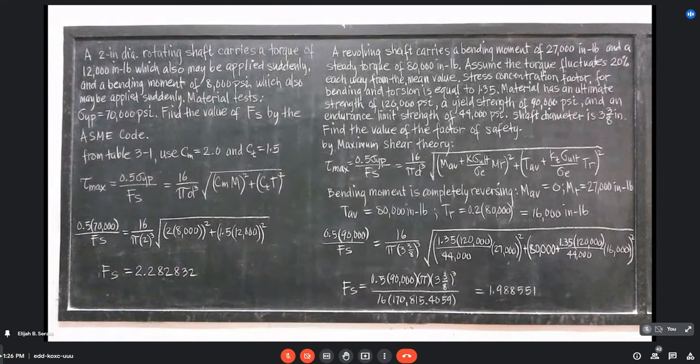So in this case, the difference between this and the first example was that this time, the yield point of the material is given. In the first case, there are no physical and chemical properties of the material. So we use the 8,000, no? For commercial transmission shafting, according to the ASME code.